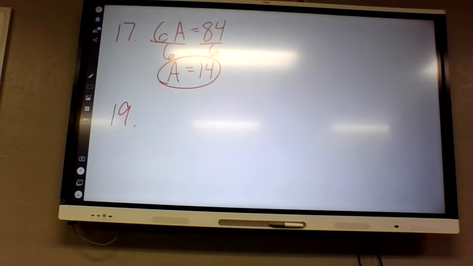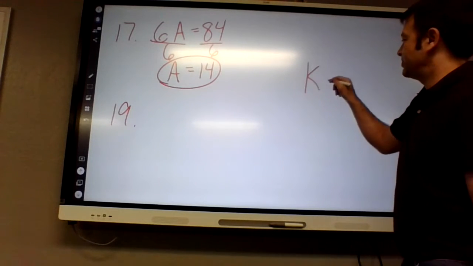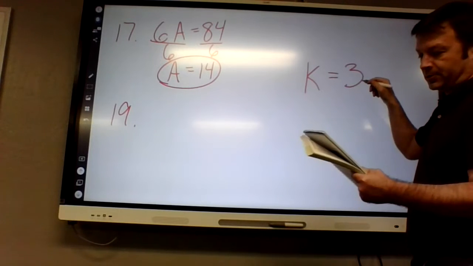19, Sarah. Kent has 3 times as many stamps in his collection as Jen does in hers. If Kent has 243 stamps, how many stamps does Jen have? Would you go 243 over 3? Okay, that's how you solve it, but I want to write an equation for it. So Kent's stamps, let me write it this way. Kent's stamps is 3 times, what was her name?